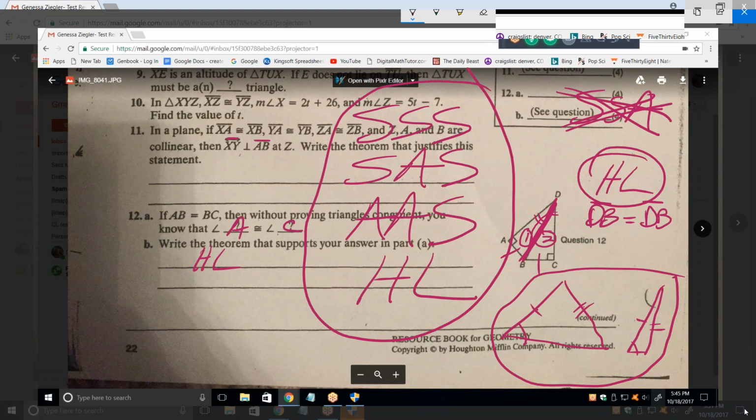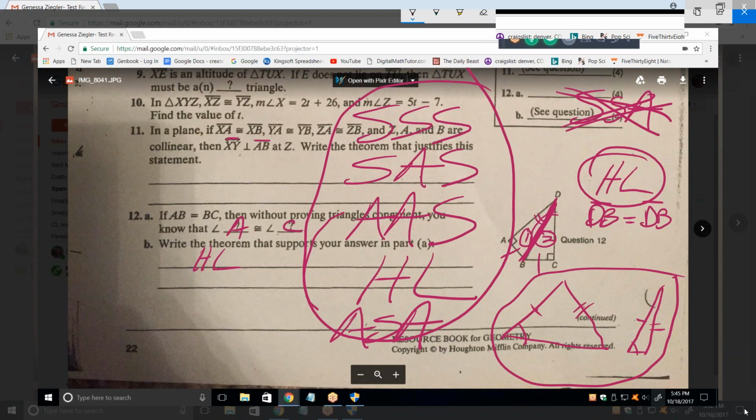Okay, what's the difference between angle, angle, side, and angle, side, angle? Well, none. That also proves congruency, angle, side, angle. But notice that whenever you have two angles, you have three angles.